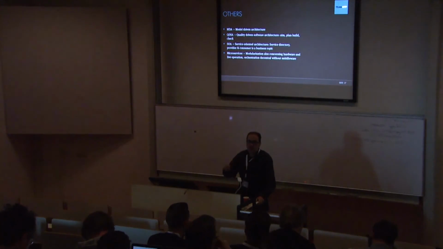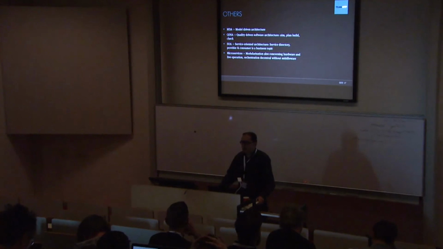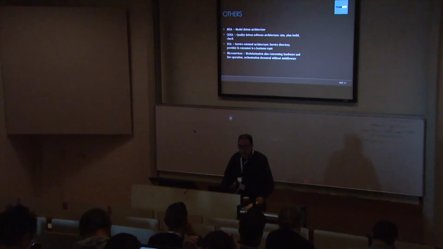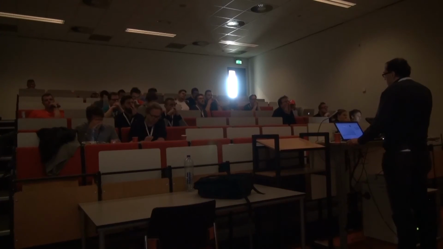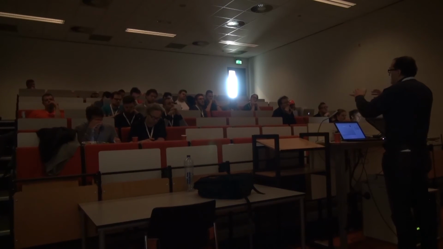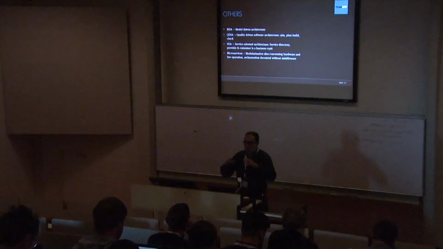Then you have the microservices, which are quite fashionable nowadays. They are quite similar to service-oriented architecture, but they have even more modularization, also concerning hardware. For example, the application looks for the hardware where it will run itself. The application doesn't depend on certain hardware anymore.